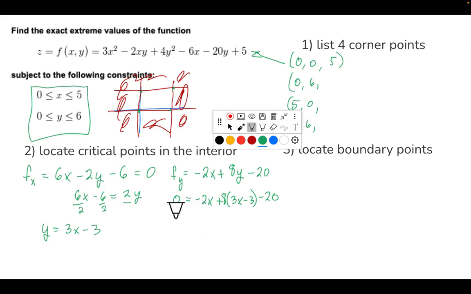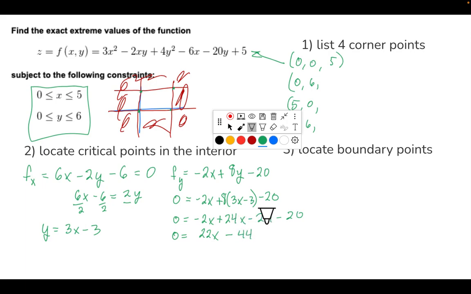Let's try this again. Negative 2x. 8 times 3, 24. Okay. I'm going to check with you guys first each time. 24x. 8 times 3, still 24. Minus 20. Okay. Negative 2x and plus 24x, those combine into giving us 22x. 24 and 20 are both negative, so they add together to give us 44.